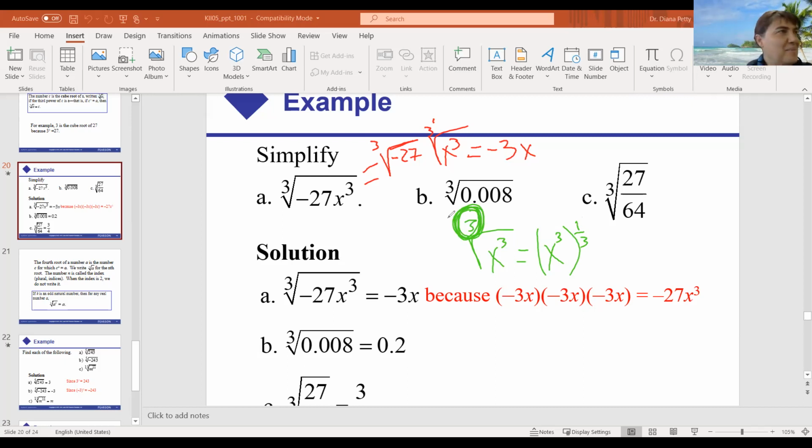I'm just saying. Got it? We're dipping our feet. So if it's 3 and 3, they just kind of cancel. If it's 4 and 4, if the index on the radical and the exponent are the same, they cancel. Groups of the same number come out.